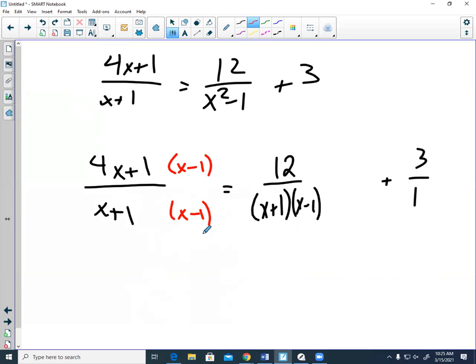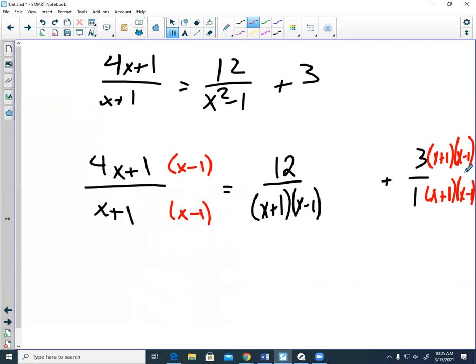So what will I multiply this one by? x plus 1 and x minus 1. So I'm going to multiply it by both x plus 1 and x minus 1. Okay. Now, the hard part is over.